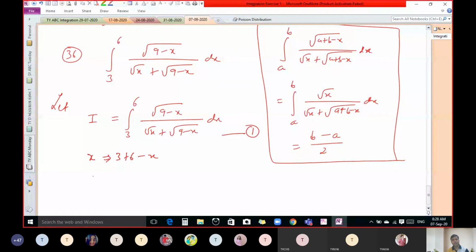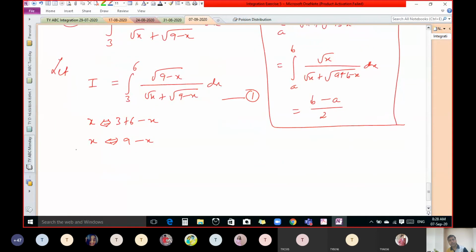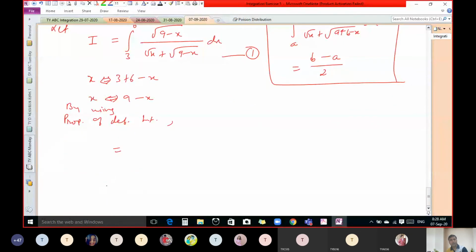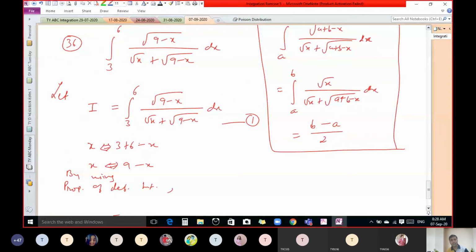So in place of x, you can write 9 minus x, and in place of 9 minus x you can write x, by using the property of definite integration. What we have to do is write the same thing, but in place of 9 minus x we write x, and in place of x we write 9 minus x.